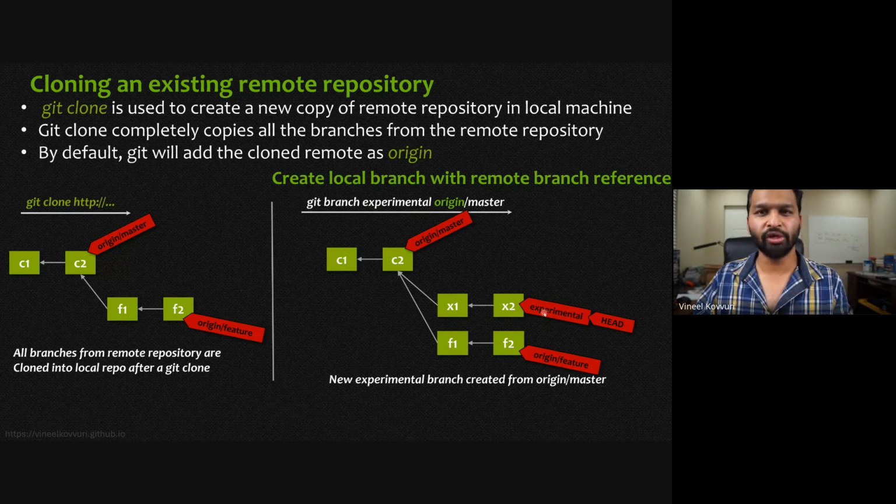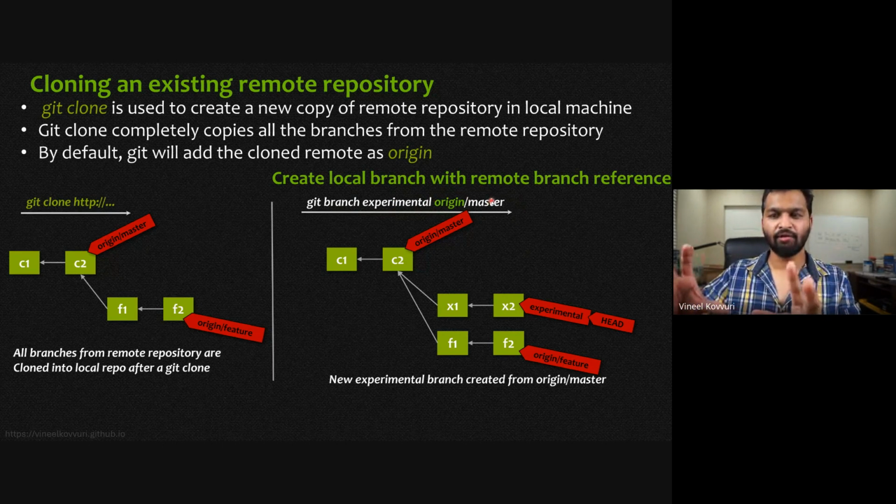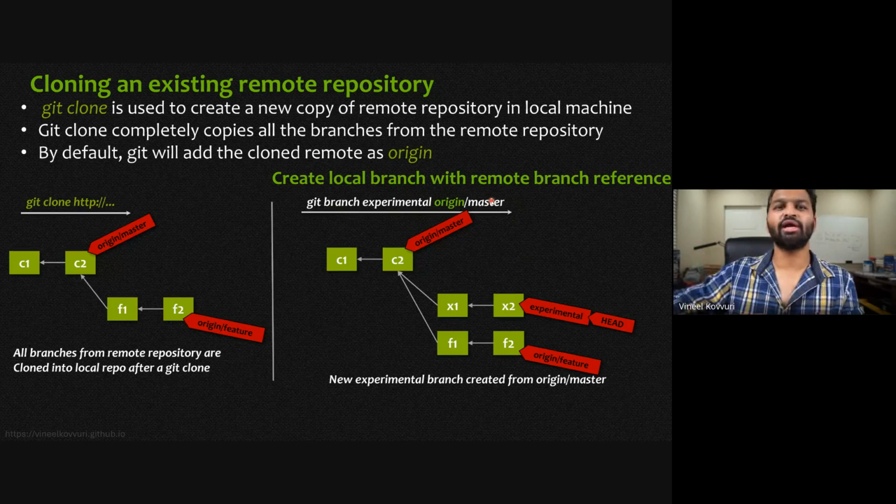But I'm just showing you how you can create a new local branch off of your origin/master. So if you observe this command carefully, git checkout -b, the name of your local branch, and then you have to specify origin/master because that's the source of truth. That's the branch you're trying to create a local branch from.